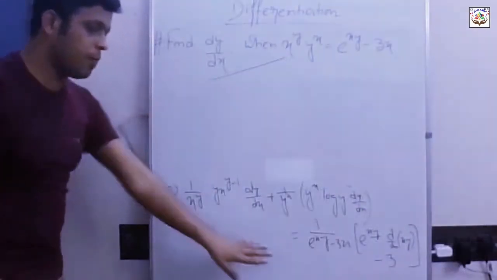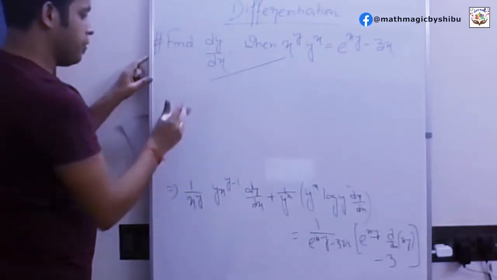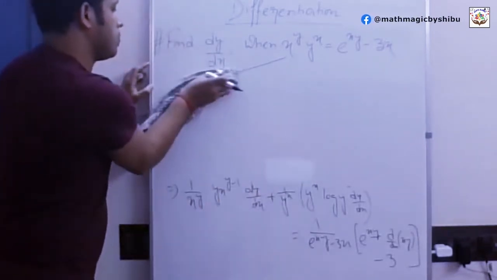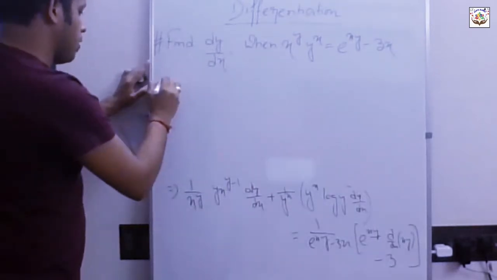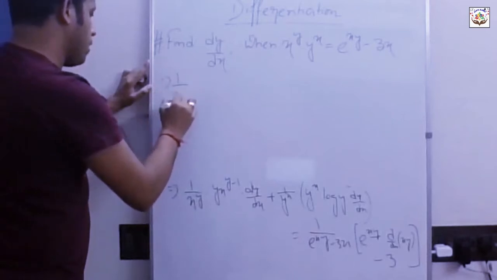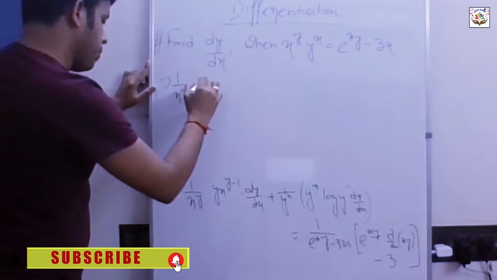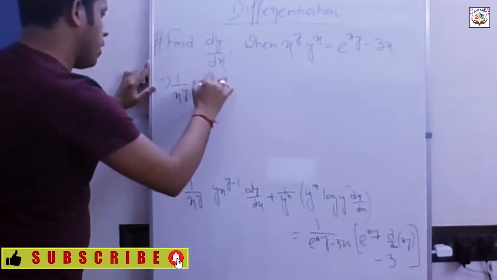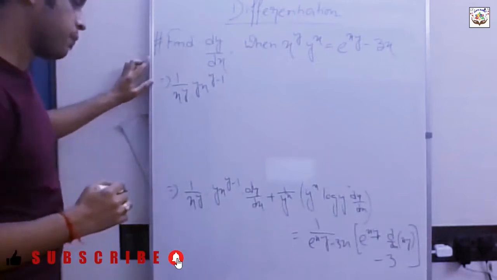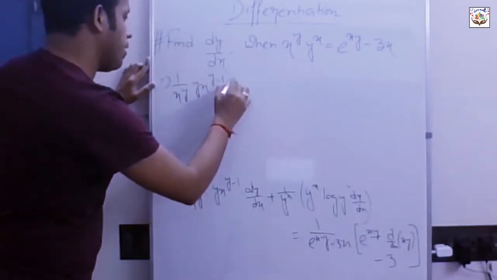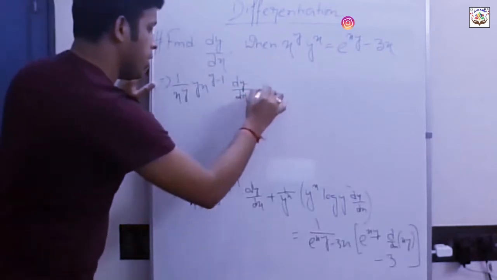Okay. So after this part, what would you write? We would write 1 by x to the power y, y to the power y, x to the power y minus 1 into dy dx equal plus.